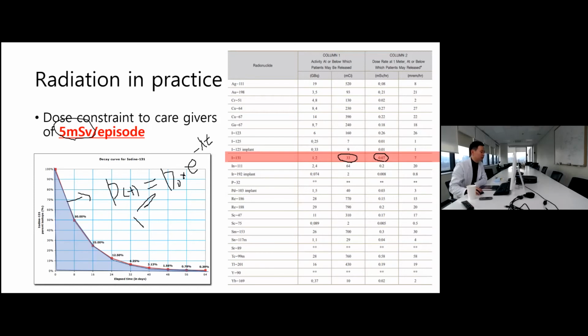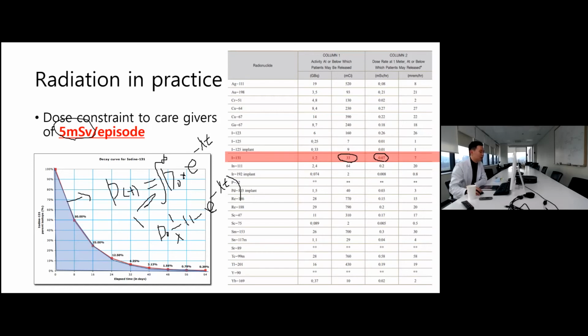To calculate the area under the curve, we need to apply the integral to infinity. Then it will show up as D0, which is the constant, times 1 minus e to the power of something.